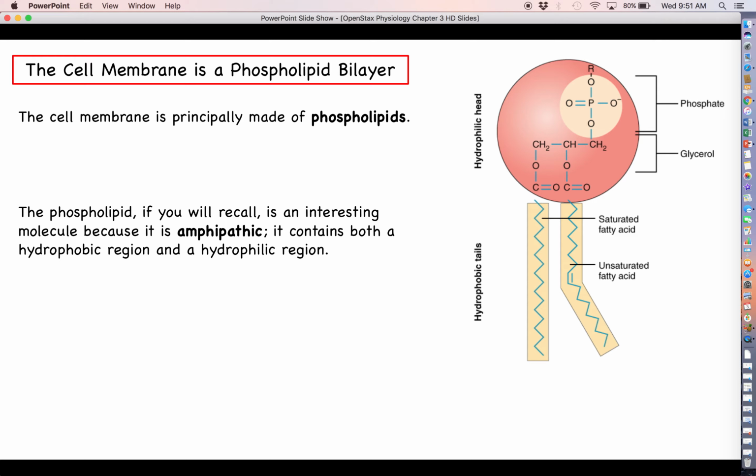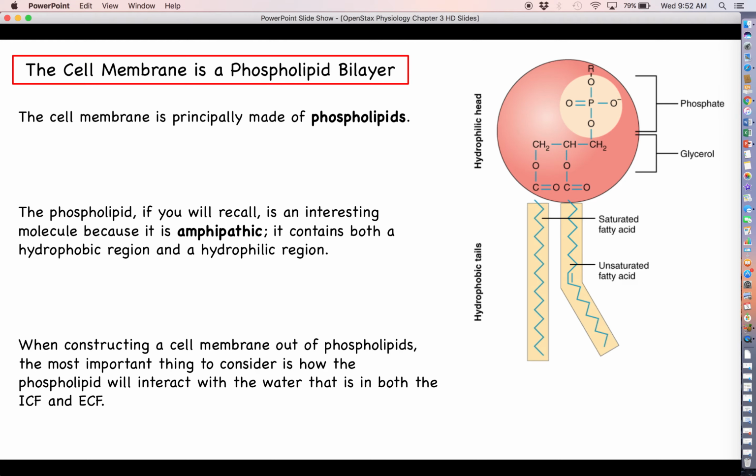This makes the phospholipid very interesting because it is what we call amphipathic, meaning that it is not purely hydrophobic and it is not purely hydrophilic. It actually has partial characteristics of both. So it ends up with what we call a hydrophilic head, which is where the polar phosphatidylcholine group is, and then it has hydrophobic tails, which is where the fatty acid chains go.